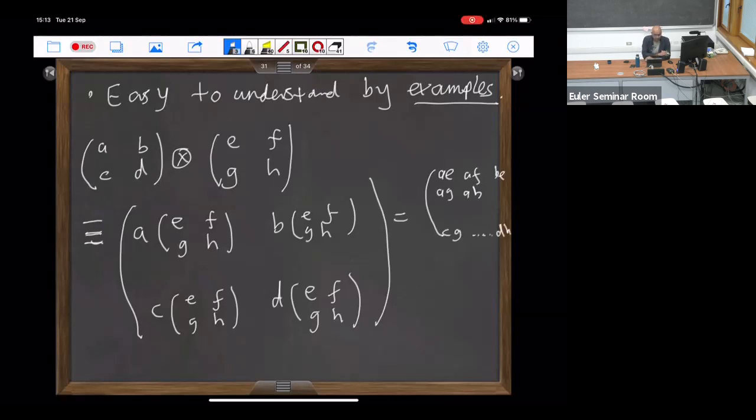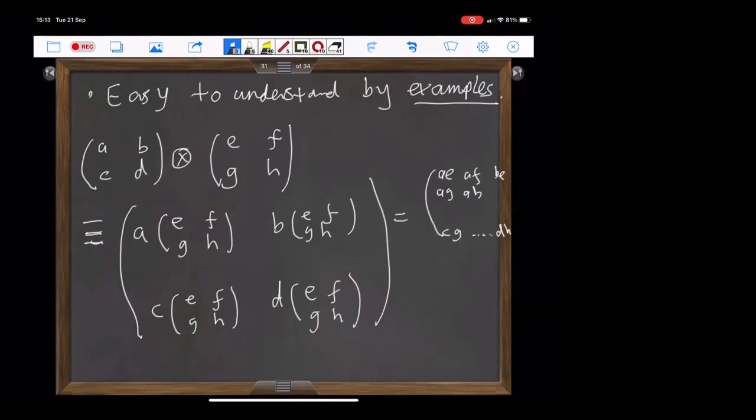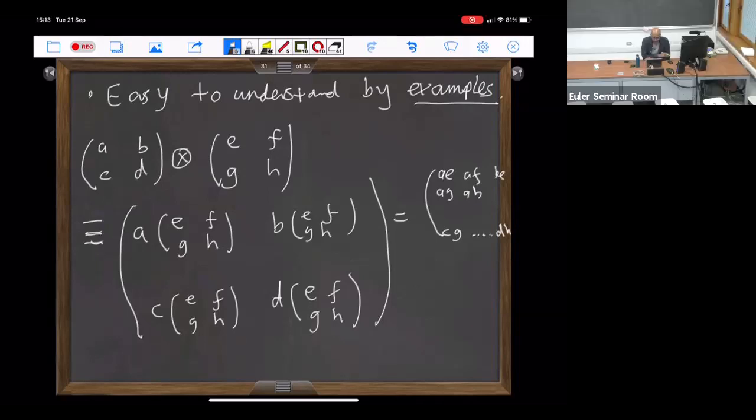Is it clear what I mean by this tensor product? Does anyone have any questions about it? Okay. So notice I could have done it the other way around. I could have taken the matrix on the left and multiplied by the elements on the right.